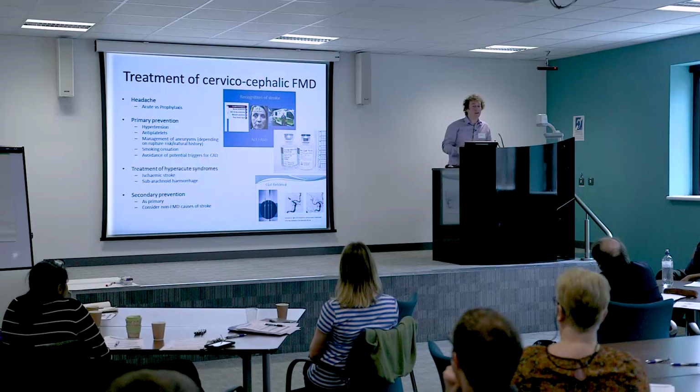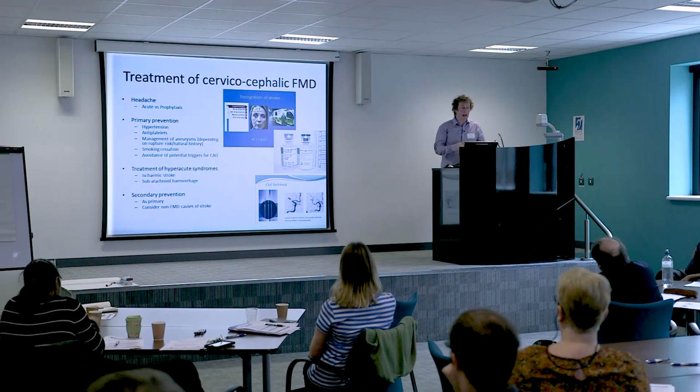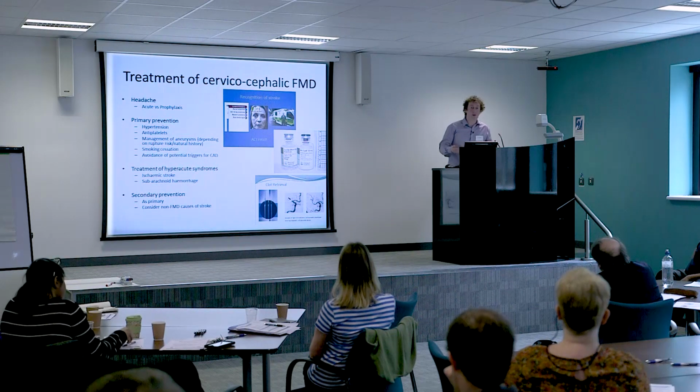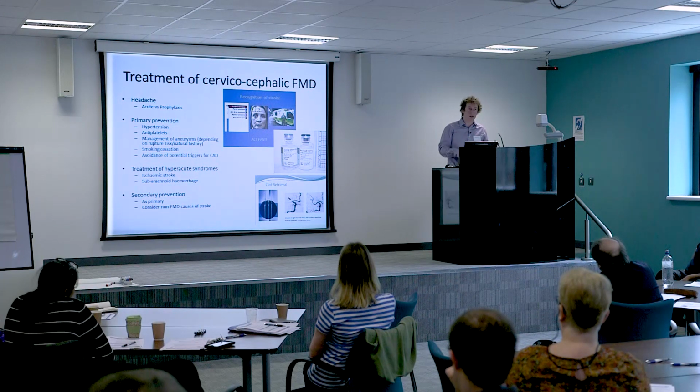Then for patients who have had a stroke, we would be speaking about secondary prevention. So how would you prevent another stroke, another perhaps more damaging stroke, or another TIA? And that is largely as for primary prevention. So you certainly want to be aggressive about management of blood pressure, aggressive about trying to promote smoking cessation.